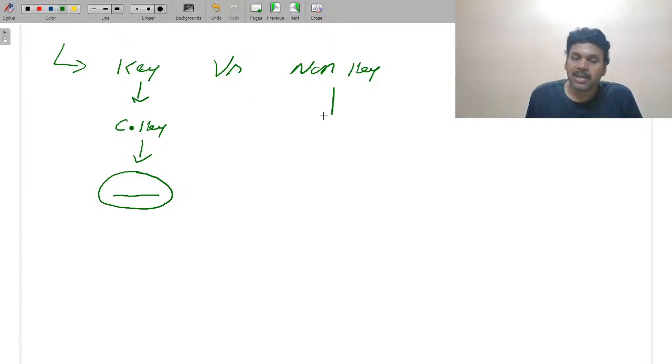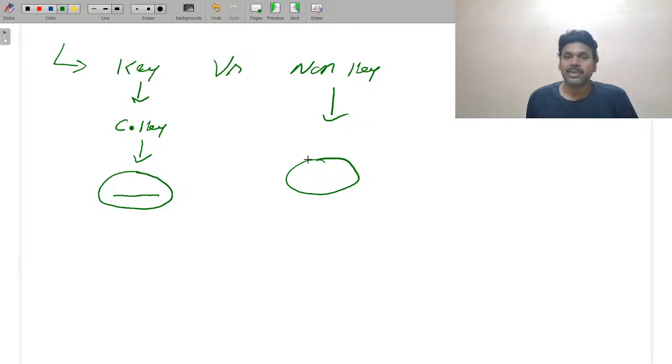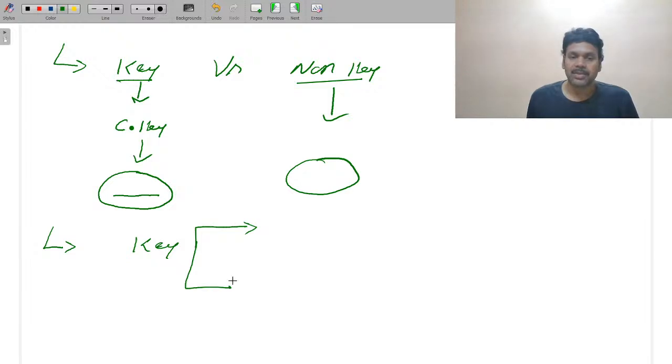And what is a non-key? It's a non-key only. Simply you leave it like this. So the common point between ER and relational model is that both of them accept key columns as well as non-key columns.